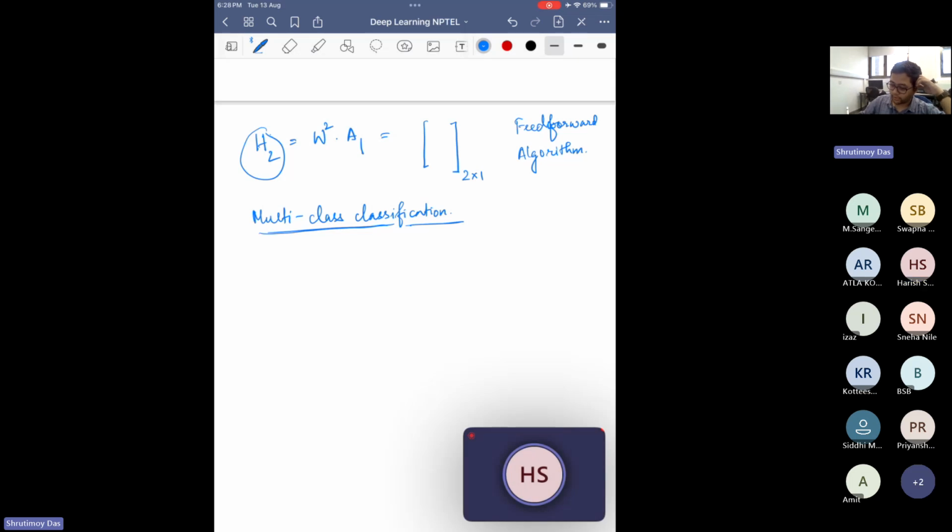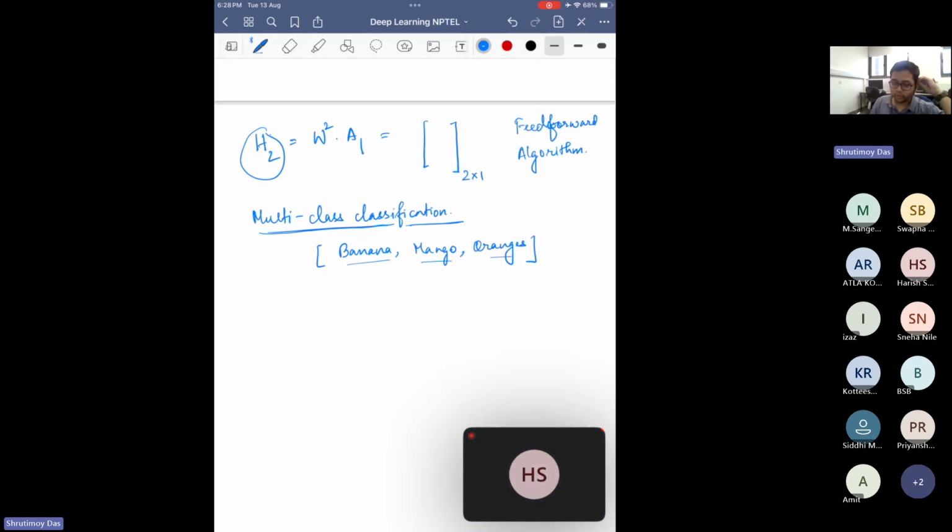Suppose given a fruit, you want to say whether it is banana or mango or maybe orange. I give you some data and I want you to say whether it is banana, mango, or orange.